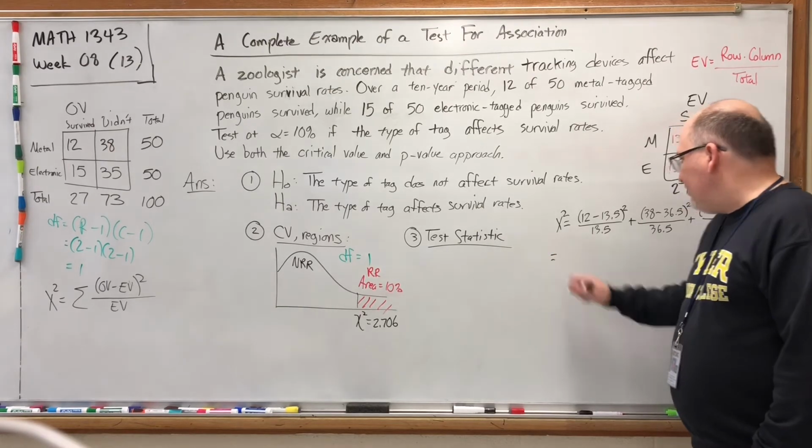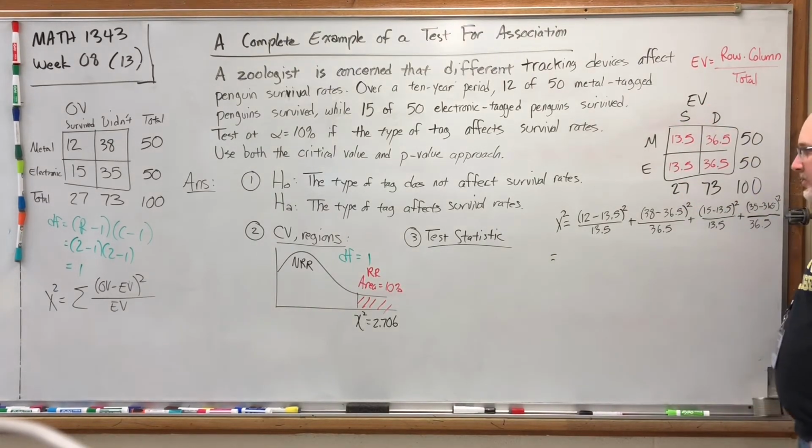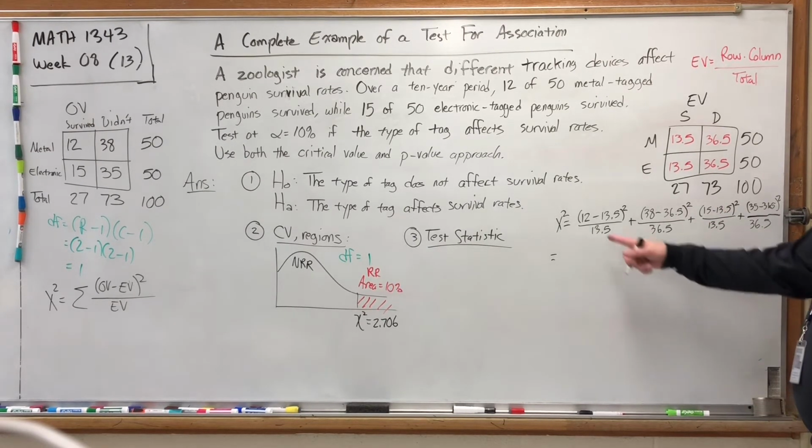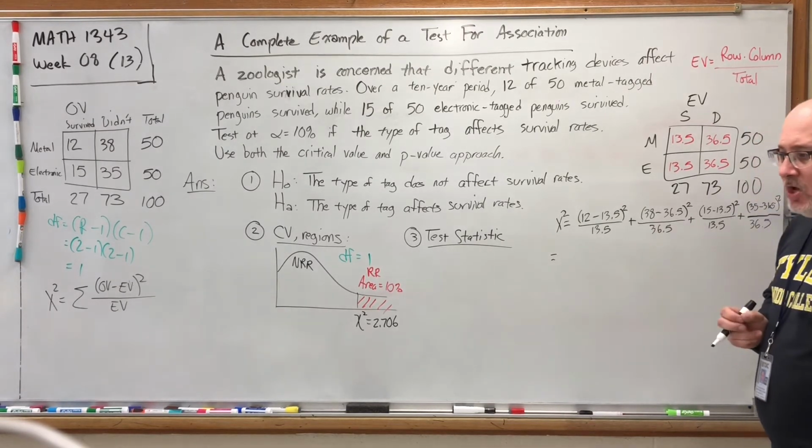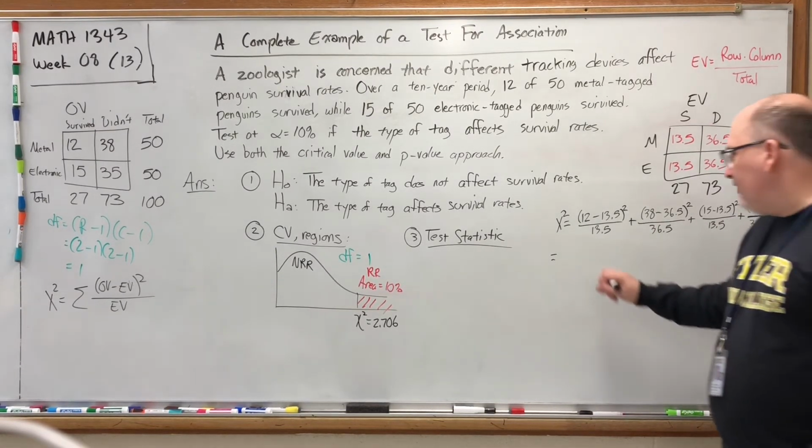I'm going to do the same thing that I did before, where I calculate the numerators separately, because I know what every one of these numerators are equal, and it wouldn't be that hard to see that. If you'll notice, every one of these differences is either 1.5 or negative 1.5. You can check. Negative 1.5, positive 1.5, positive 1.5, negative 1.5. And so when I square them, I'll get the same results. 1.5 squared is 2.25.